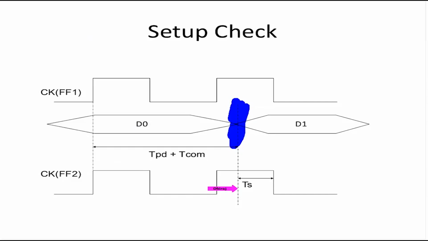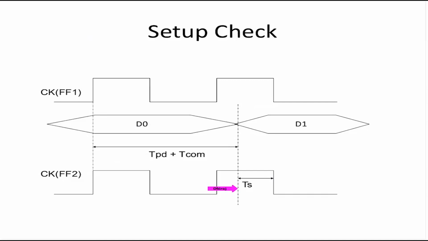In this case the diagram is not too good. The negative edge is shown as the capture edge, but it doesn't matter. We could shift the edges to here if you want. So this setup check makes sure that FF2 captures data properly. What data? The data D1, the new data that FF1 launches.